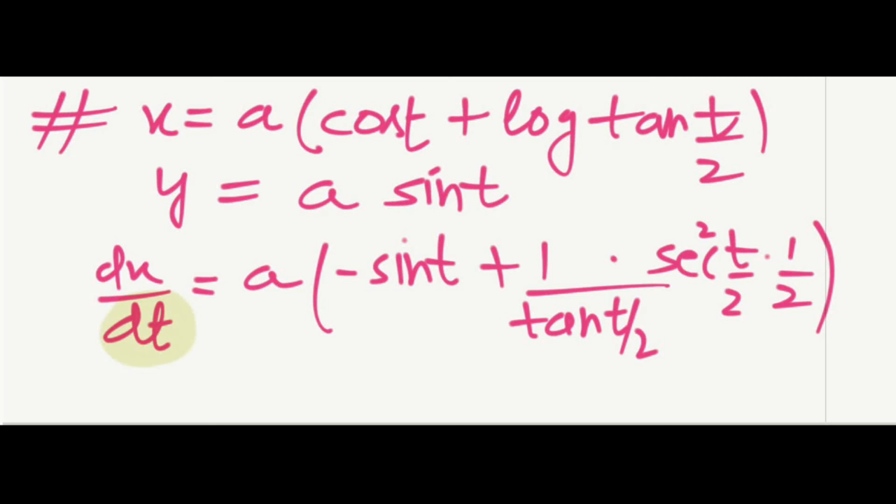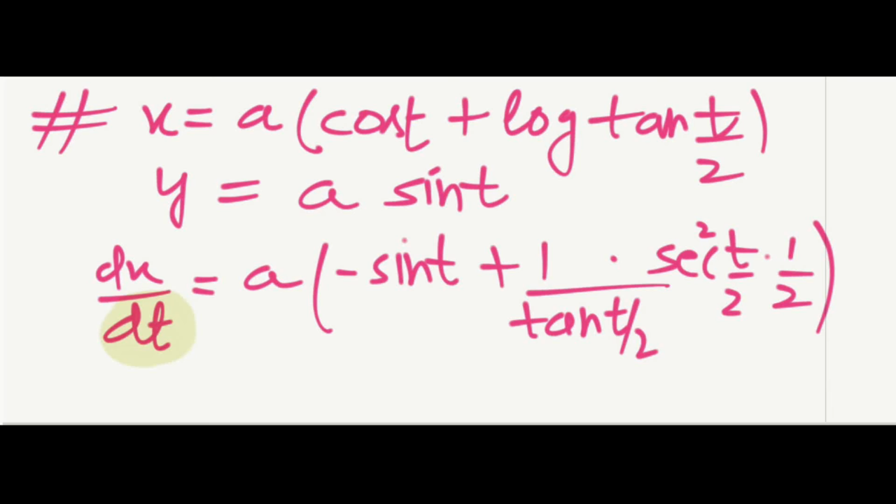Now dx upon dt, because the variable is t. You will not write dx upon d theta, no, because on the right side the variable is t. So we will write dx upon dt. So a as it is being a constant, in the brackets the derivative of cos t is minus sin t plus the derivative of log, which is 1 upon the function, tan t by 2, into chain rule.